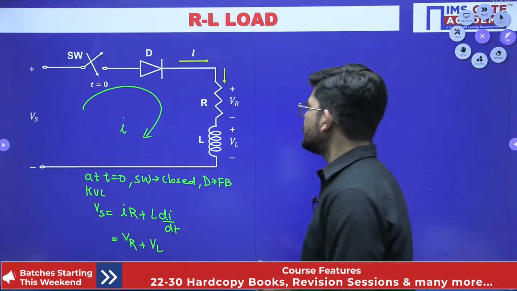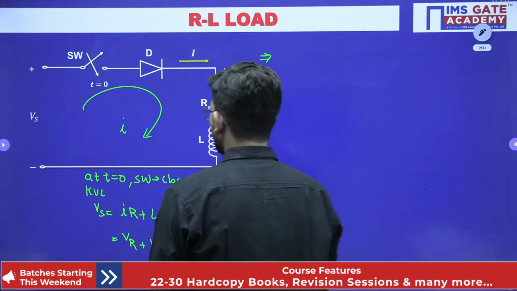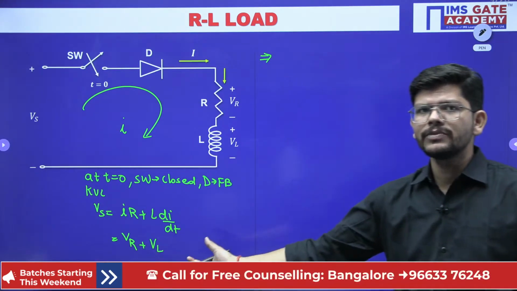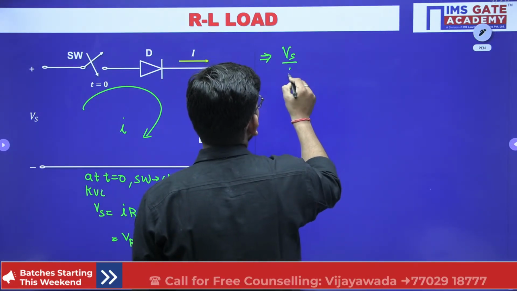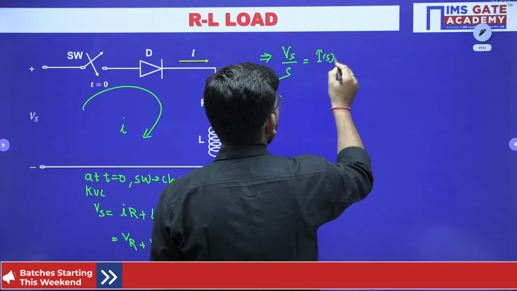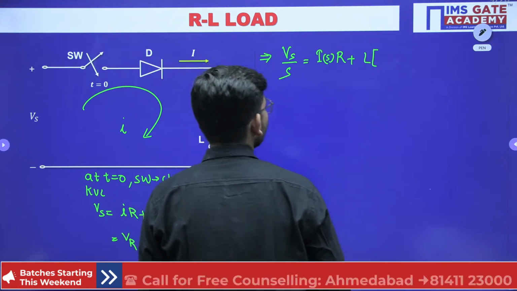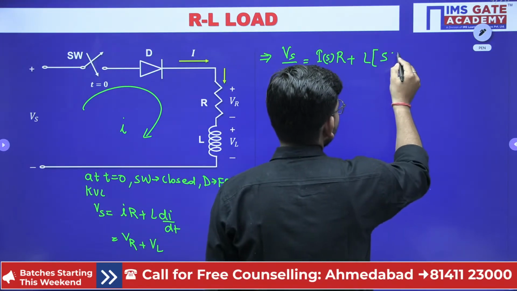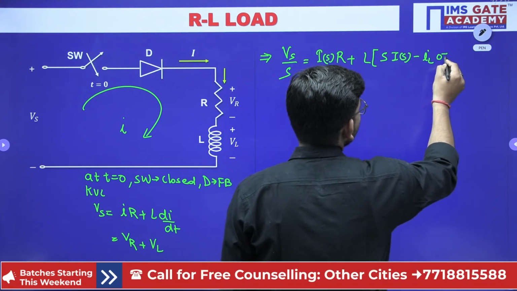Now again we are doing the same exercise. Taking the help of Laplace transform to solve this differential equation, I get Vs over S equals Is into R plus L d by dt of I, which gives S Is minus IL(0+).